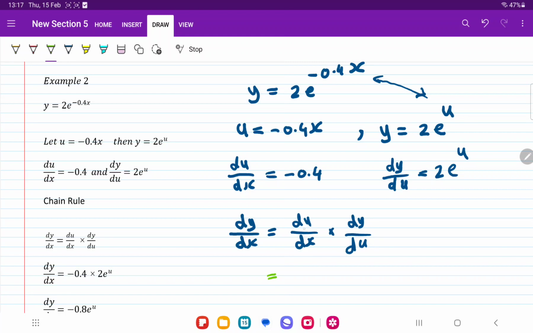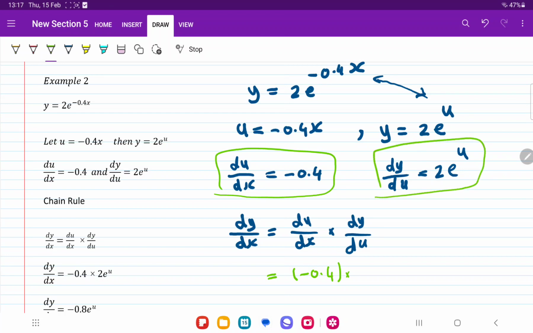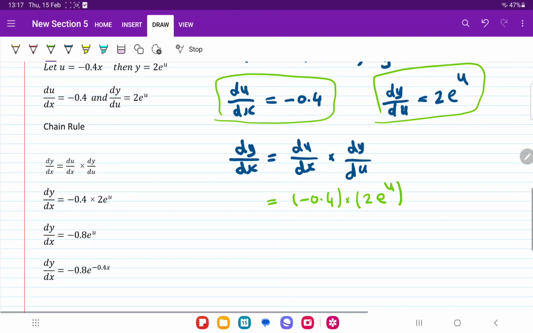Instead of du by dx, I'm going to write down this value, which is negative 0.4, times, instead of dy by du, this value. Okay, so we're going to multiply the constant numbers by each other. You will have negative 0.8e to the power u.